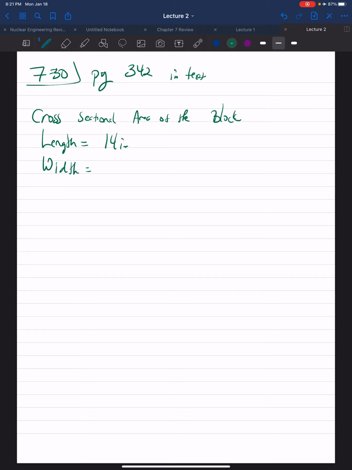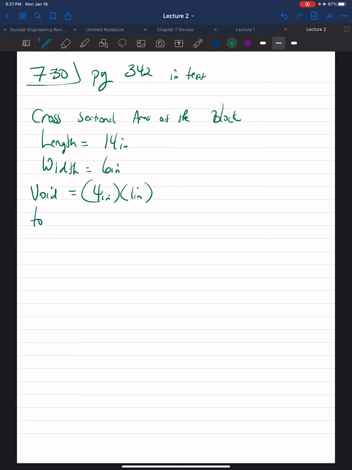The width is 4 inches plus 1 inch plus 1 inch, that's 6 inches. But we have two void spaces on both ends, and they're equivalent. So the void is 4 inches wide by 1 inch long, and there are two voids, one on each side.